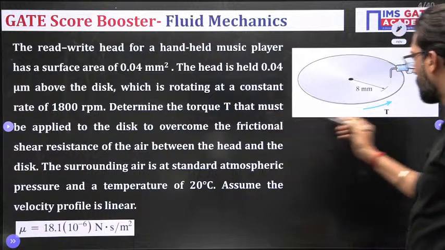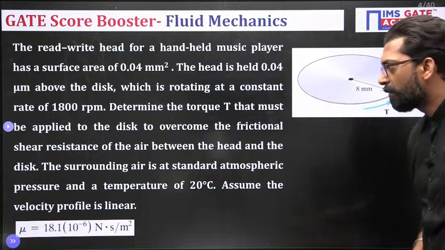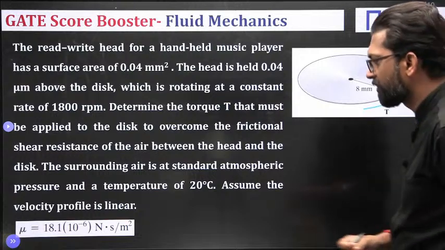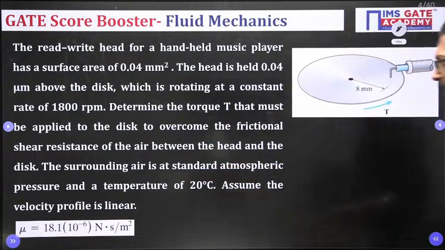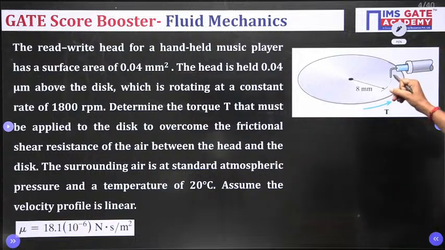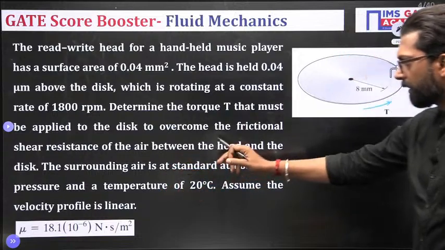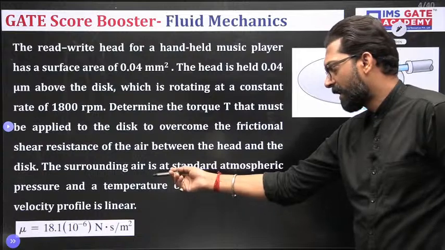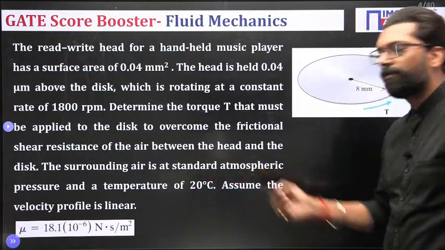Determine the torque that must be applied to the disc to overcome the frictional shear resistance of the air between the head of the needle and the disc. The surrounding air is at standard atmospheric pressure and a temperature of 20 degrees centigrade.